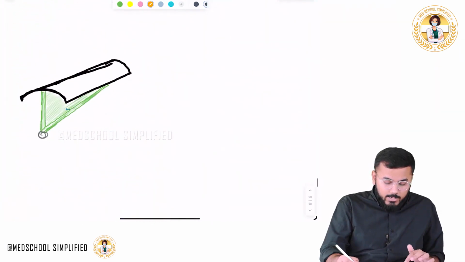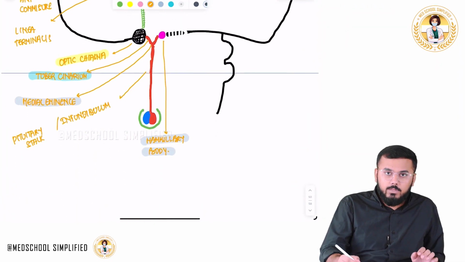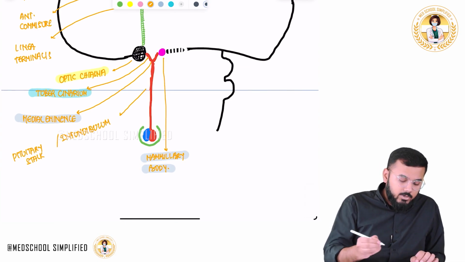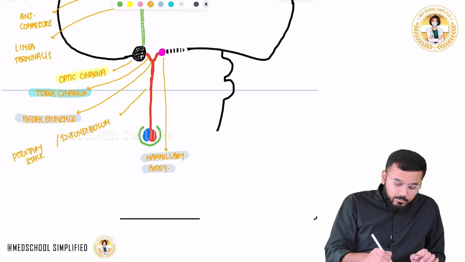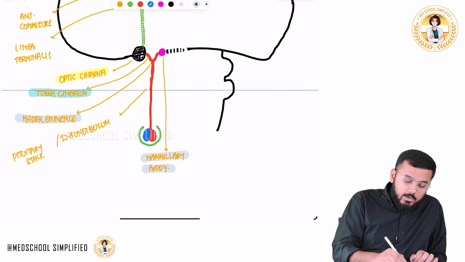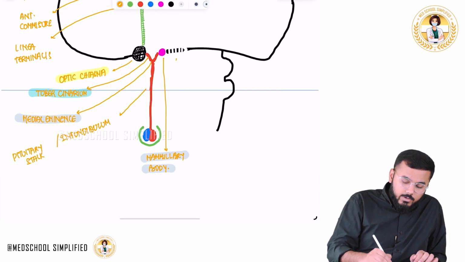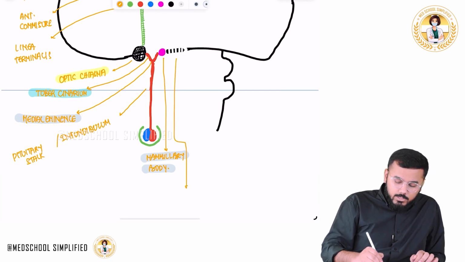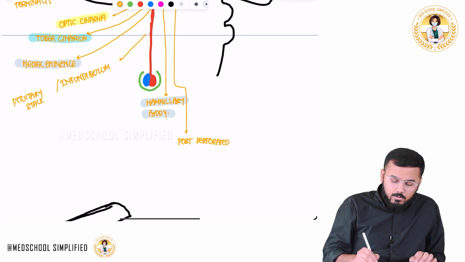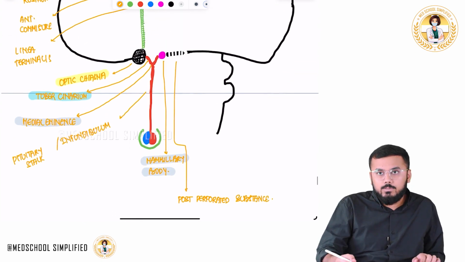Now let us look at the same picture over here. This is your optic chiasma. Behind that you have your tuber cinereum. Then you have your mammillary body, and after that this particular structure over here is called your posterior perforated substance.